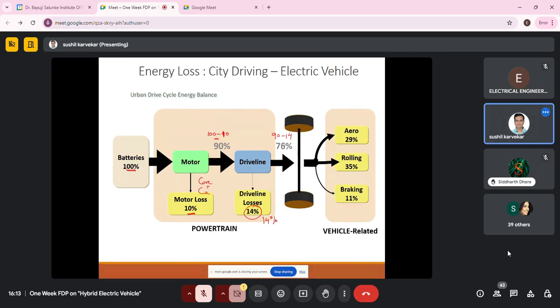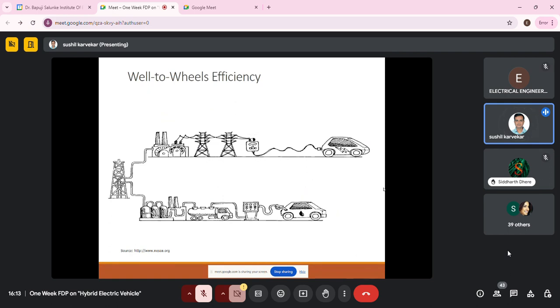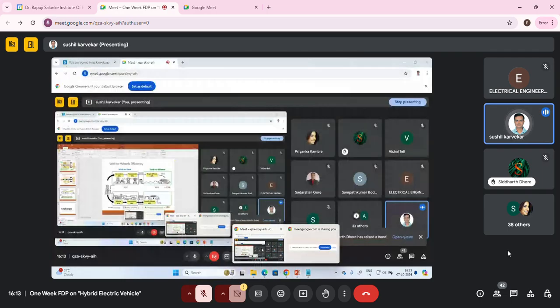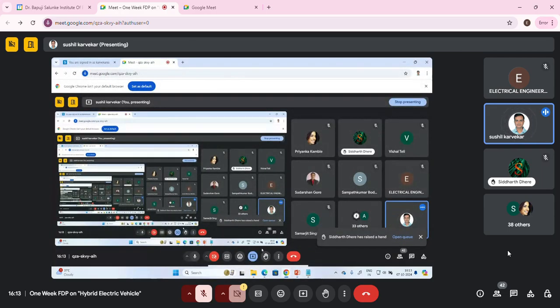In addition to that, we can have aerodynamic, rolling and braking losses. They are dependent on the dynamic conditions, so those are the vehicle-related losses. I hope you have understood the efficiency scenario in electric vehicles as well as ICE engine based vehicles.